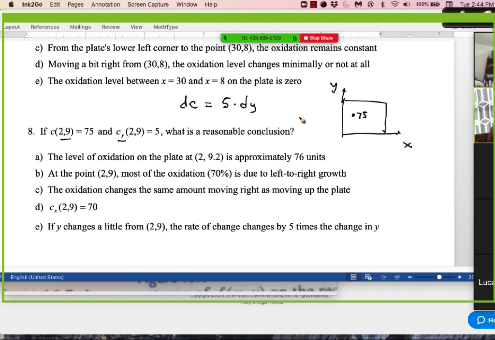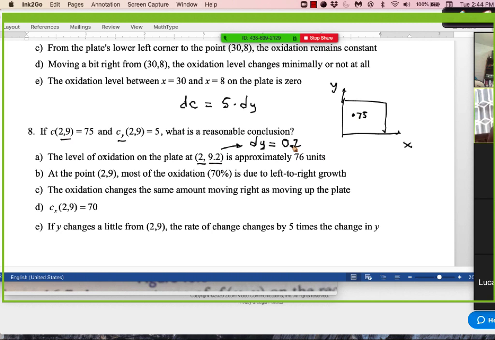So we did problems where we picked a small change in y, and then we said, let's estimate what the new oxidation is. So here, the level of oxidation on the plate at 9.2. So what does that indicate for dy? From 9 to 9.2, dy is 0.2, right?